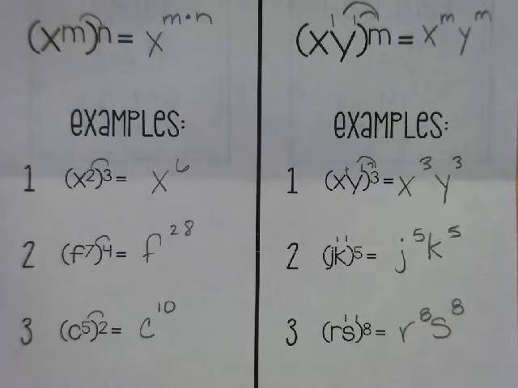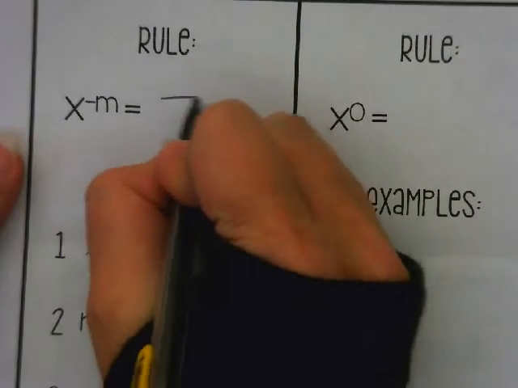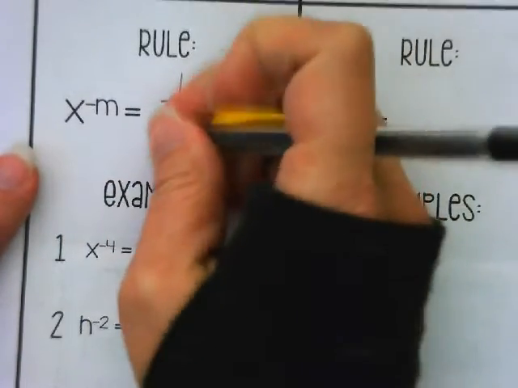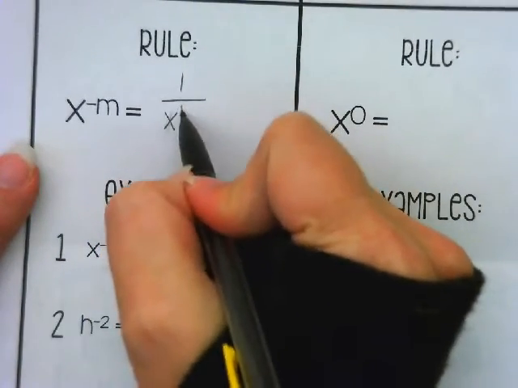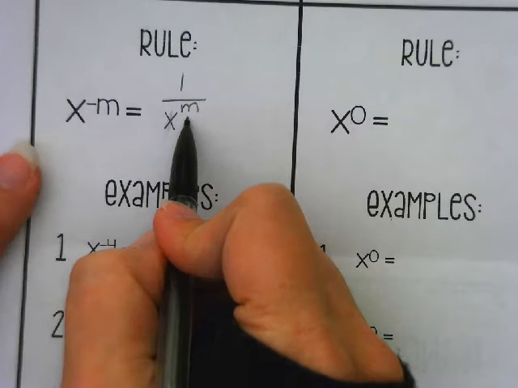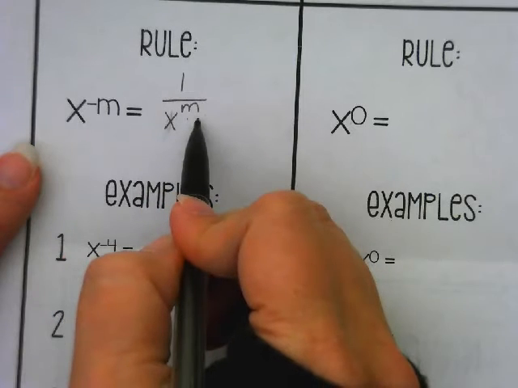The last two rules we did were the negative exponent and the exponent of 0. We said a negative exponent is less than 1. So we have to put a 1 in the numerator. We're going to move this to the denominator, but our exponent becomes a positive. If I have a negative exponent, it goes in the denominator.